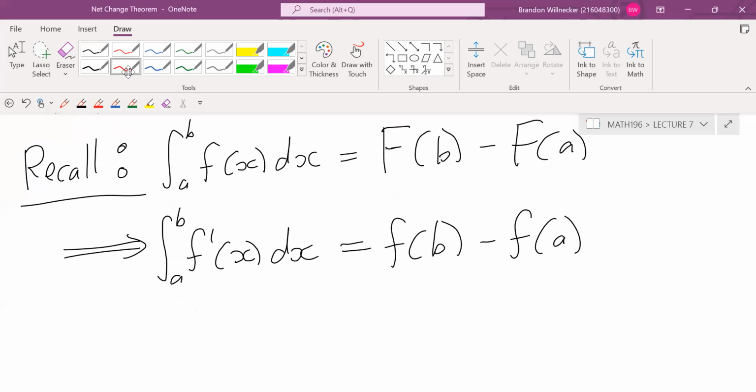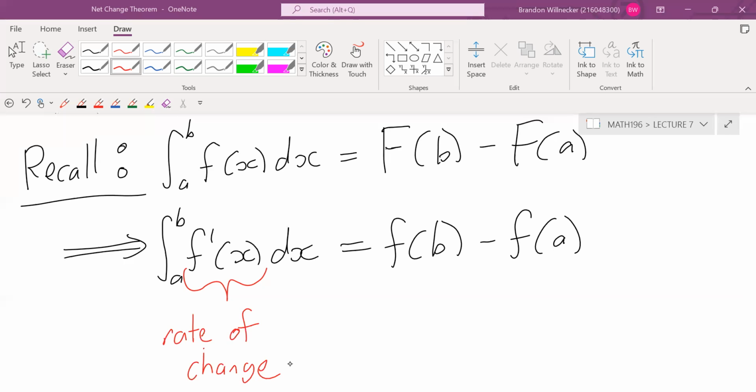Okay, now the thing I want to point out is the application of this. So this goes back to your differential calculus when you looked at rates of change. Remember that the derivative means rates of change. For example, velocity is the rate of change of distance.